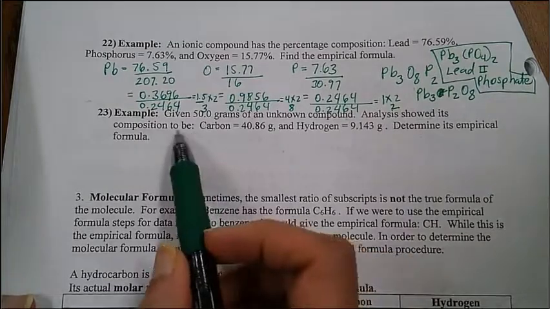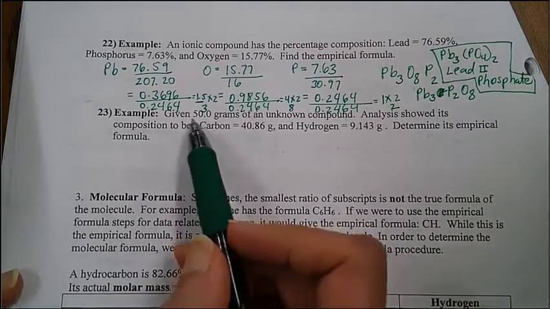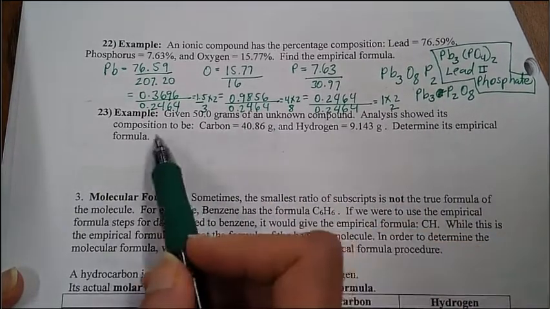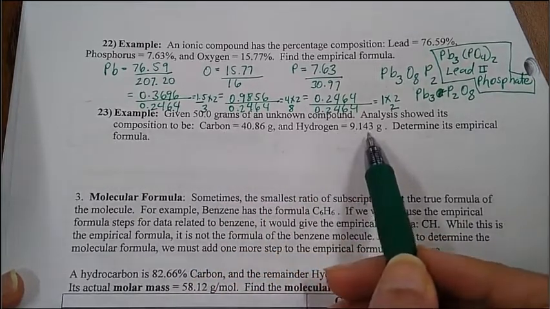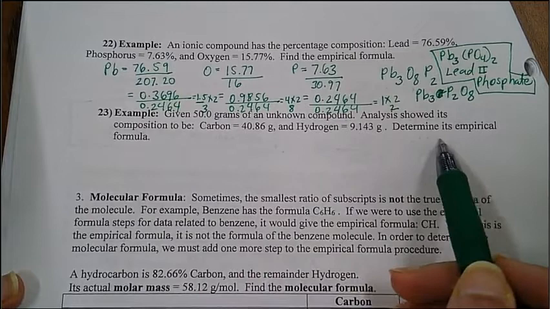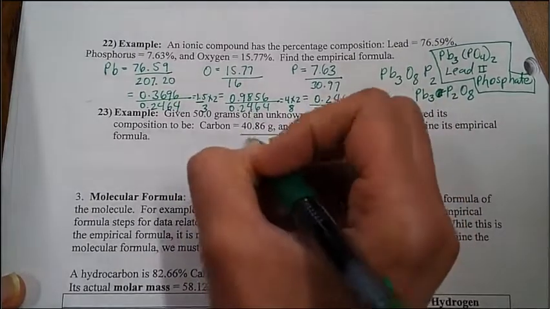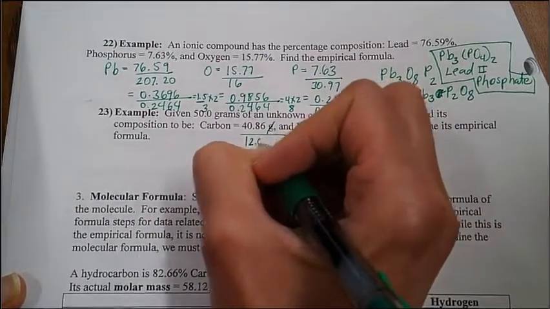Okay, the very last example of empirical formula is given 50 grams of an unknown compound. Analysis showed its composition to be carbon is 40.86 grams, hydrogen's 9.143 grams, and so determine its empirical formula. So again, you're going to divide each one. I'm going to get rid of the grams, and I'm going to divide it by its molar mass.